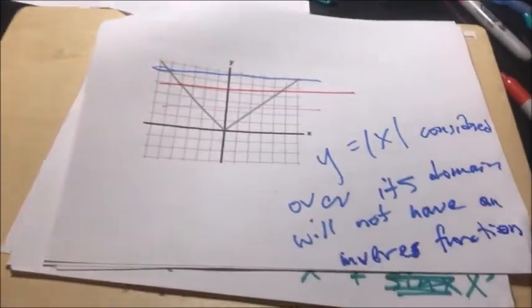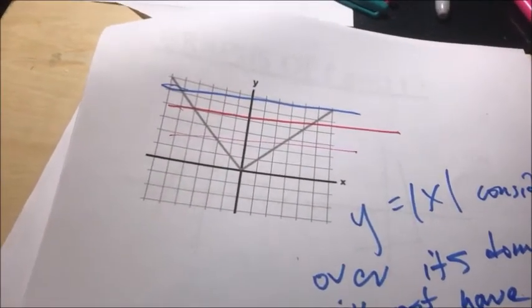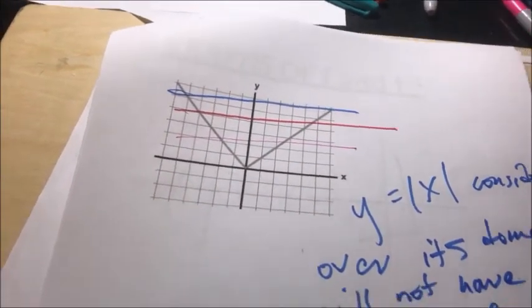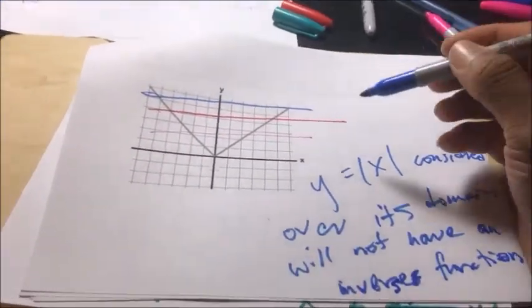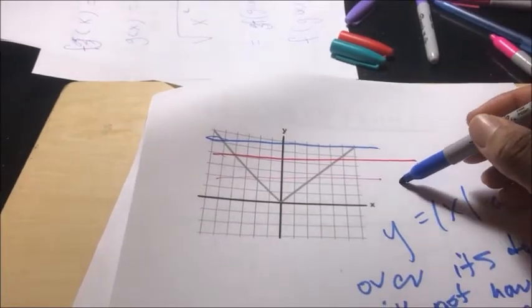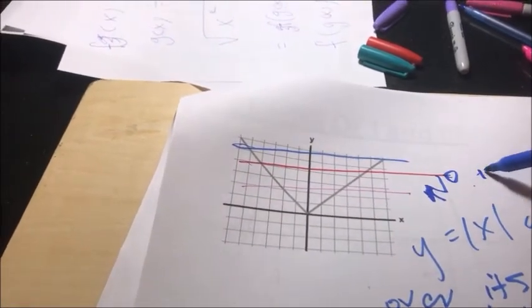Again, because it does not pass the horizontal line test. So there's no inverse here.